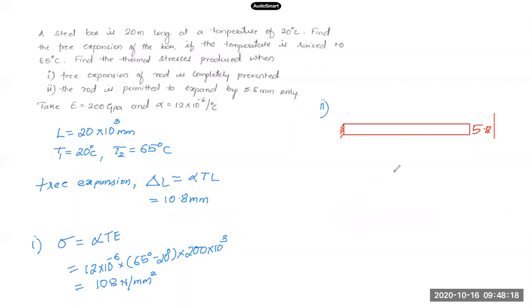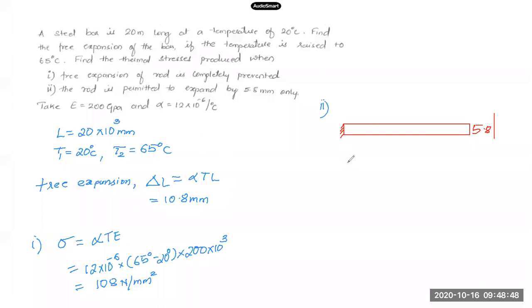So what may be the stresses in this case? Any idea how we can obtain the stress developed in this case? It is not completely restrained. It is restrained after 5.8 mm.